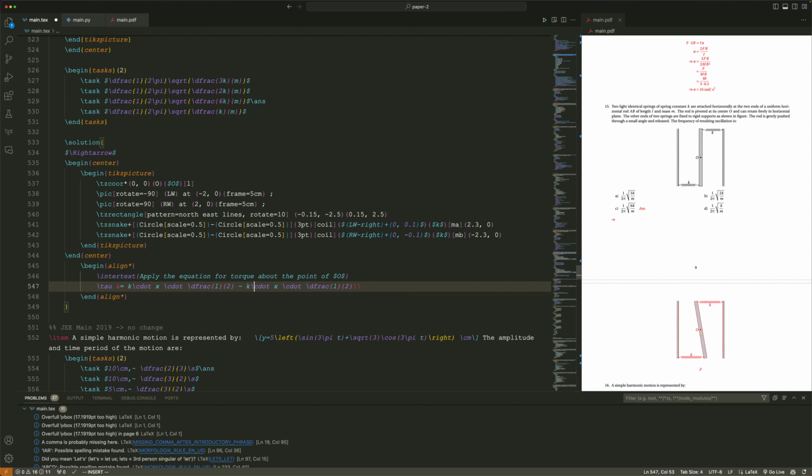L by 2 into, what can I say, sine of theta. Yes, sine of theta. Let's remove all this part. We can just double or copy anything, but firstly run this part.